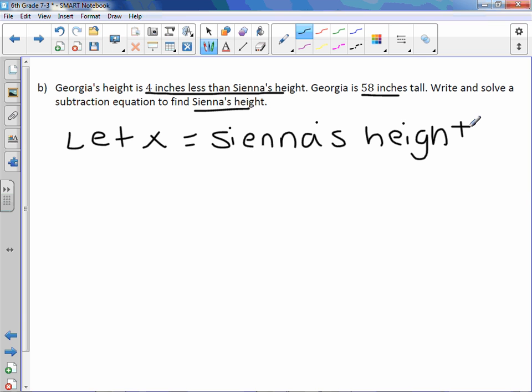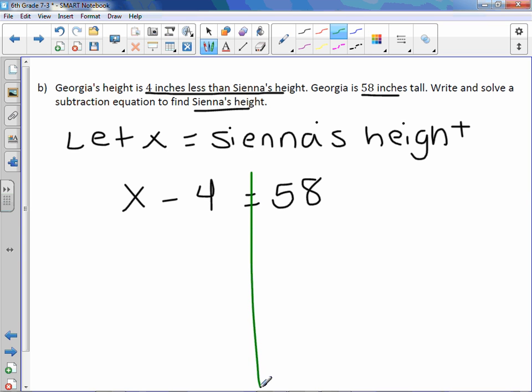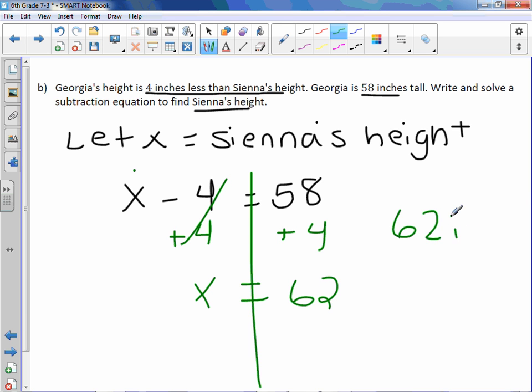So Georgia's height is 4 less than Sienna's, and Georgia is 58 inches. Variable on the left-hand side. We're going to add 4 to both sides. And we get x equals 62. So she is 62 inches tall.